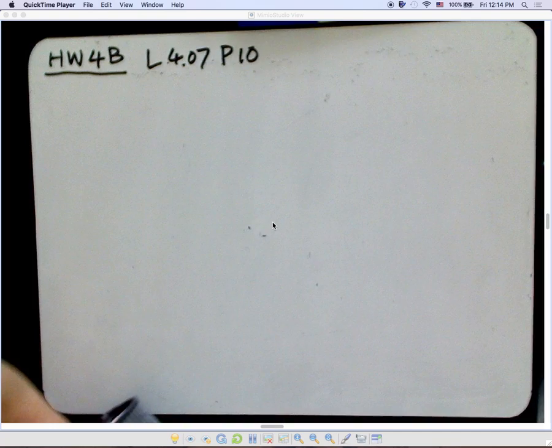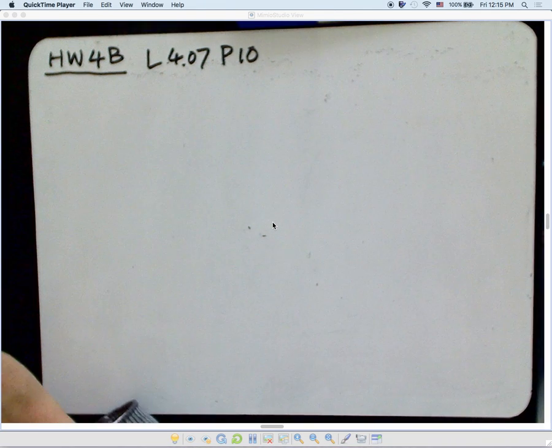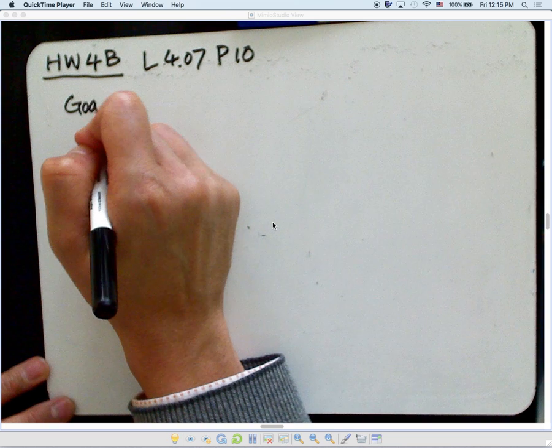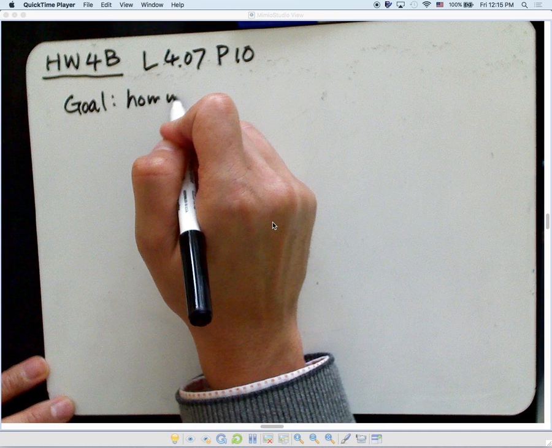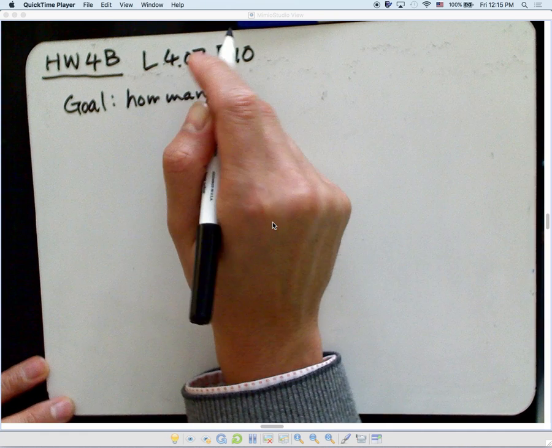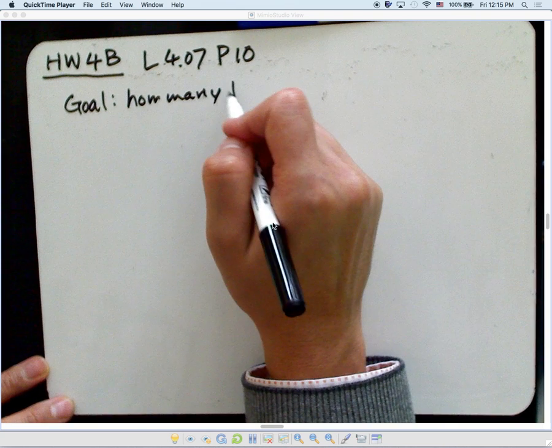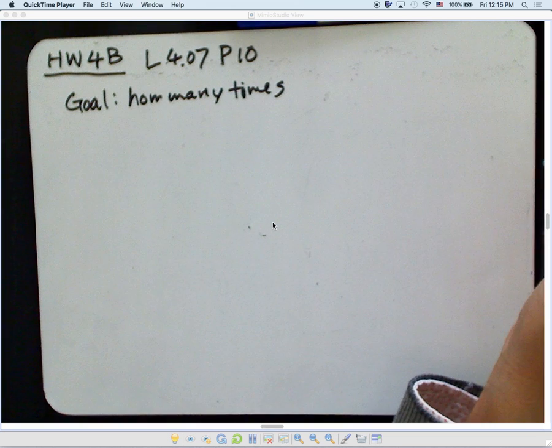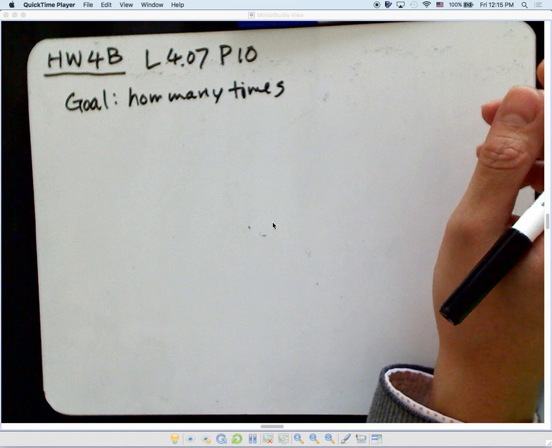It says, suppose you dilate the square by the factor 2. How does the area of the dilated square compare to the area of the original square? So the goal is to find out how many times bigger the dilated square is than the original one.